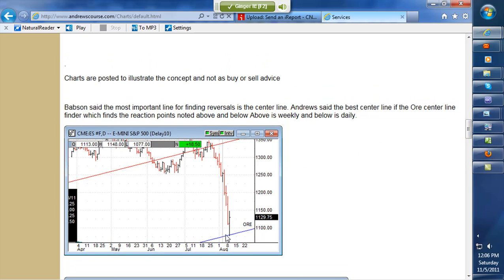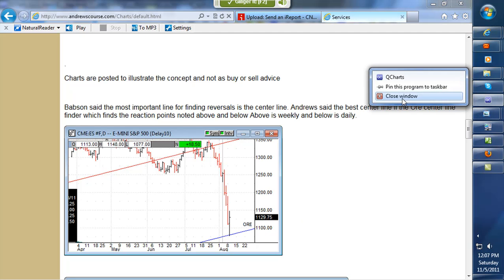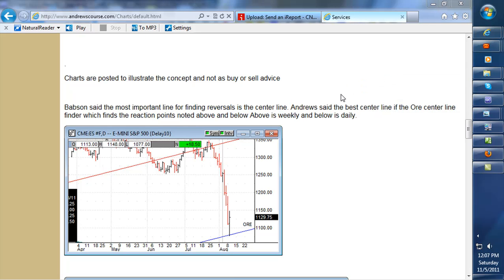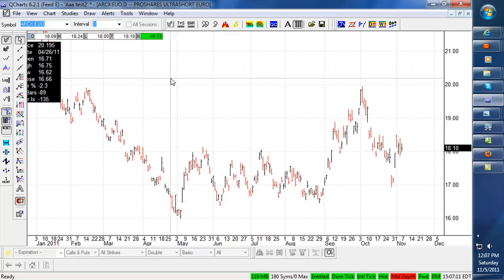I'll give you an example. This is a chart here that we posted back around the 8th or 9th of August, as you can see. And on here we drew a line that we'll tell you a little bit more about in this video called the ORE line. So let's take a look and see what happened, because the ORE line is a line that's known for helping us to find turning points.